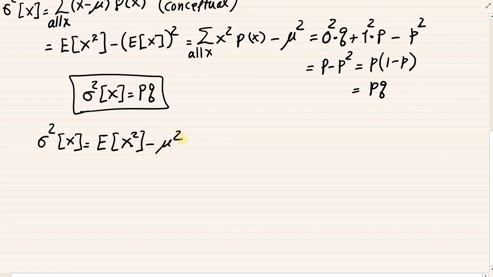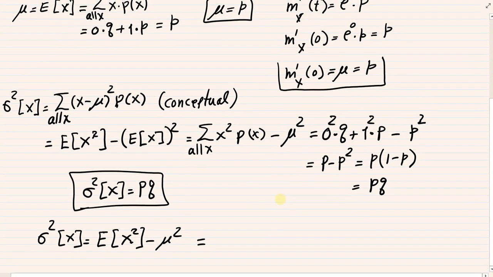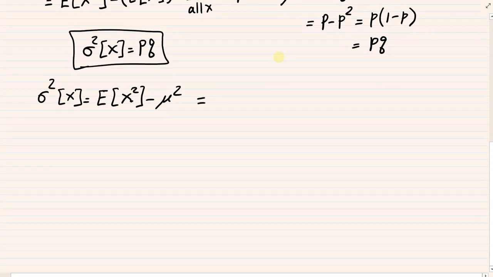So we can actually use moment generating functions in this work. The expected value of X squared, I believe we did that earlier, didn't we? No, not yet. Okay, so I'm just going to do that with the second derivative.